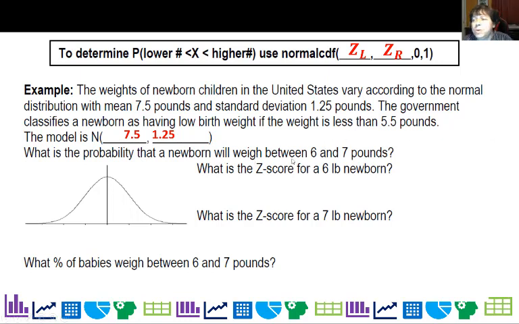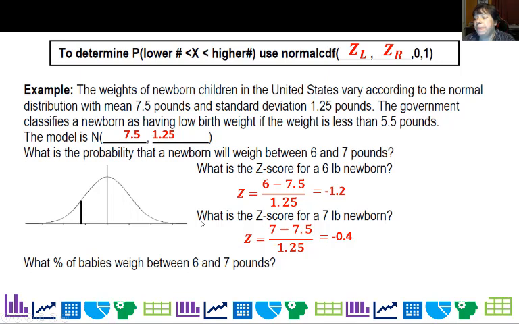So we're going to get the z-score for a 6-pound baby. And we learned the formula x minus mu over sigma in our last set of notes. And we get a z-score of negative 1.2, which would be about here. The z-score for a 7-pound newborn, well, it's going to be over here somewhere because the mean is 7.5, would be 7 minus 7.5 over 1.25, which is negative 0.4.